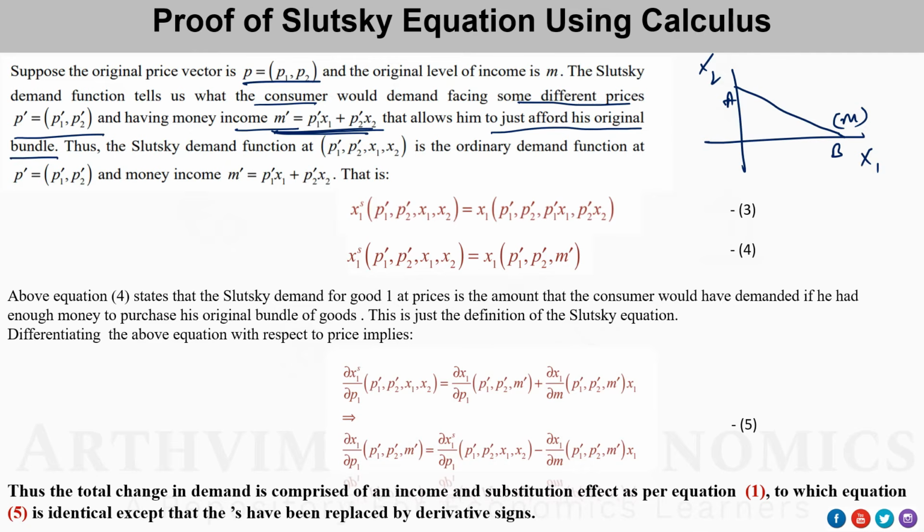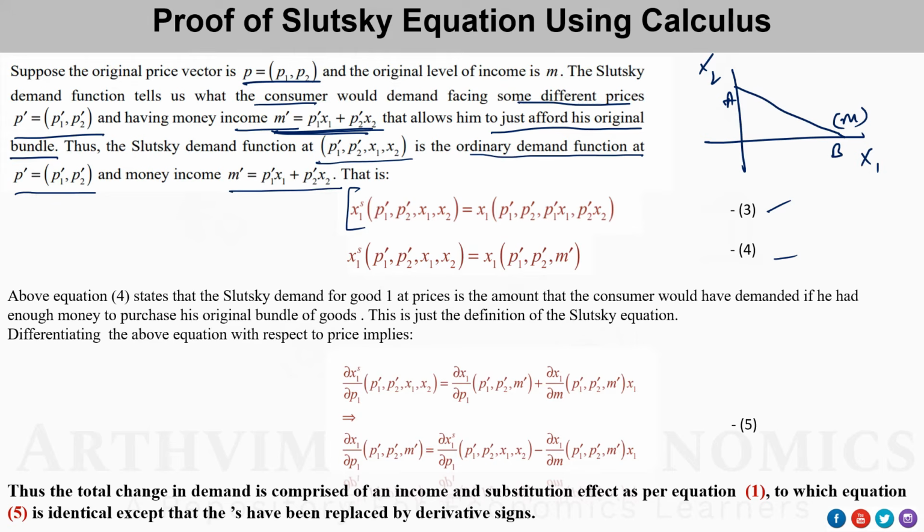So the Slutsky demand function, which is a function of price and quantity, is the ordinary demand function at the prices P prime and M prime, which is the budget line. So it is given as this. Equations 3 and 4 summarize these two functional forms of representation, which state how the substitution part can be represented as a function depending on the prices and money income.